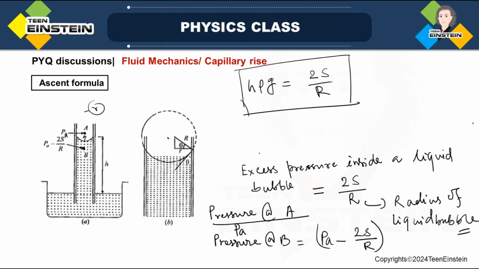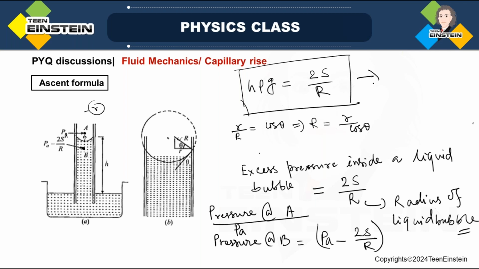This is a right angle triangle, where small r is the base and capital R is the hypotenuse. So base by hypotenuse will be cos theta. Capital R will be r by cos theta.